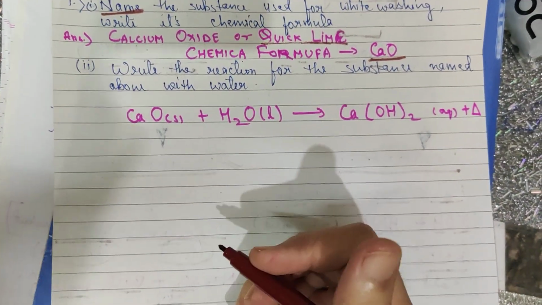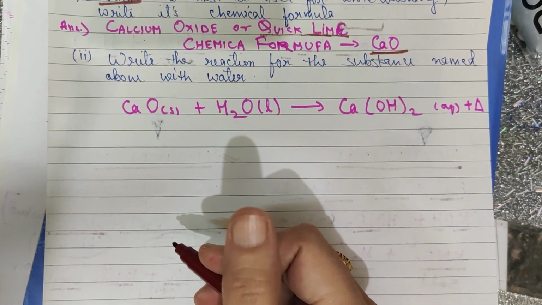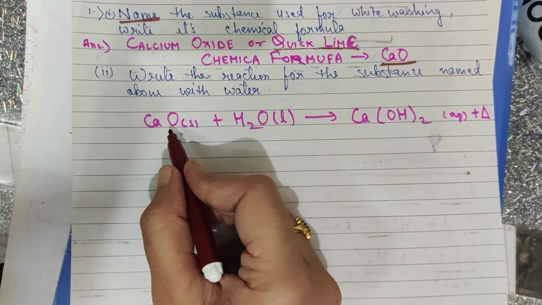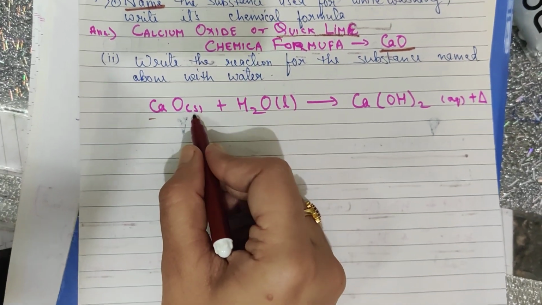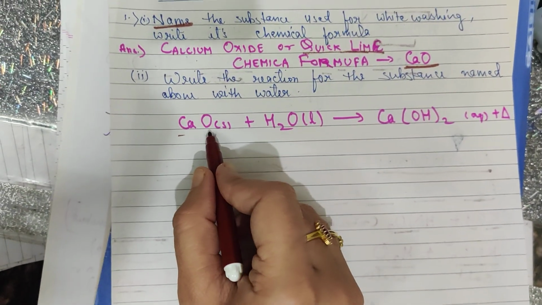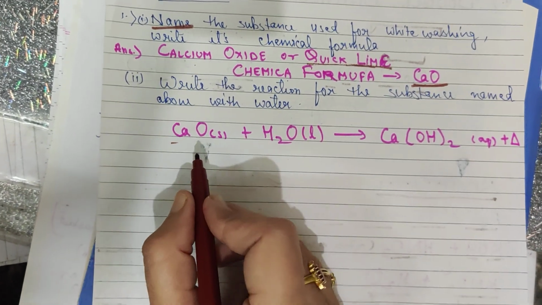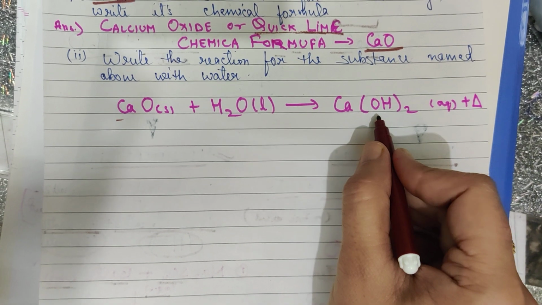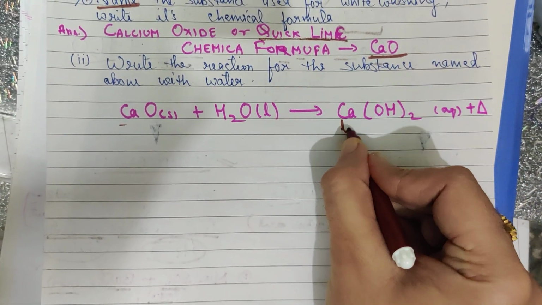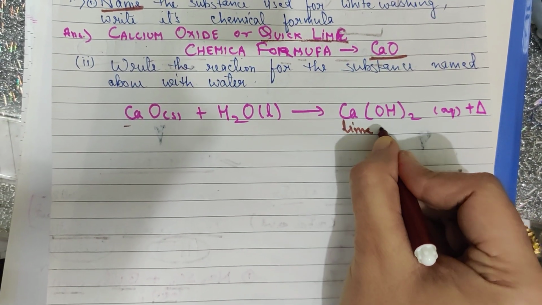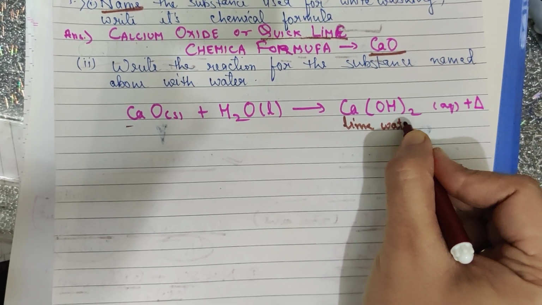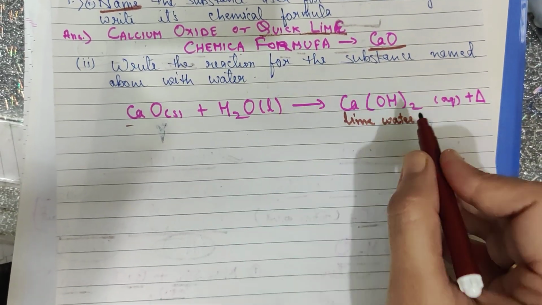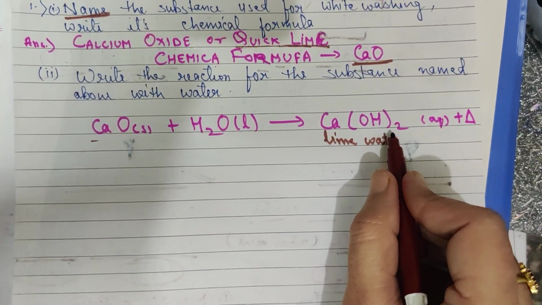Now the other part of this question is, write the reaction for the substance named above with water. So the substance named above is calcium oxide, which is solid. This calcium oxide or quicklime, which is also known as chuna in Hindi, when dissolved in water, will produce calcium hydroxide, which is lime water. So when it reacts with water, it forms lime water or calcium hydroxide.